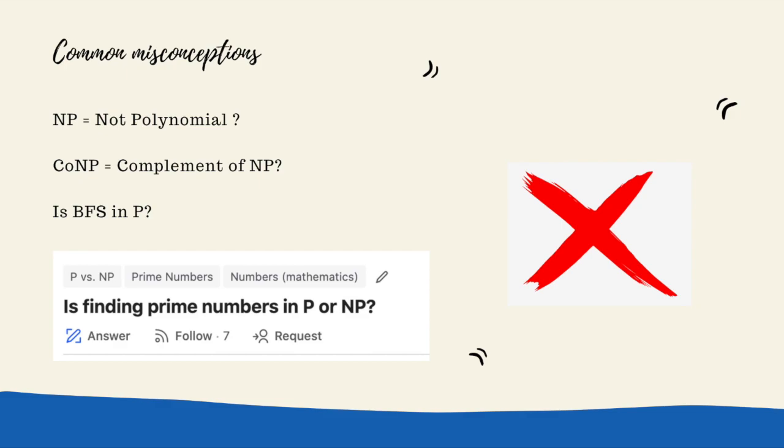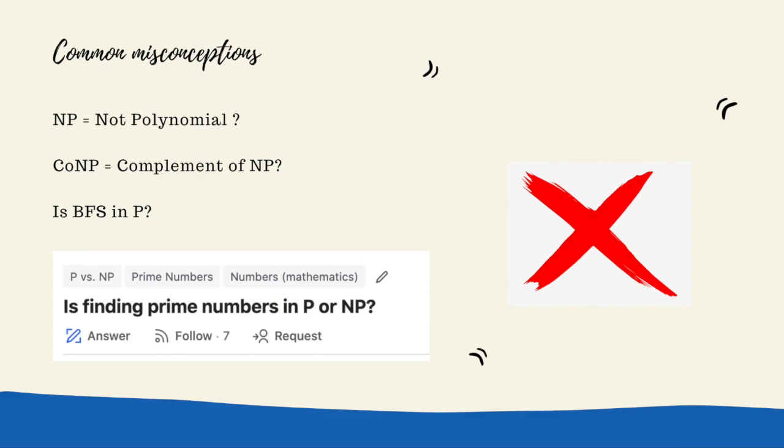An algorithm is just a way to solve the problem, and it is meaningless to ask things like is BFS in P or NP. It does not have a meaning. And again, this is a question that I found on Quora, asking if finding prime numbers is in P or NP.